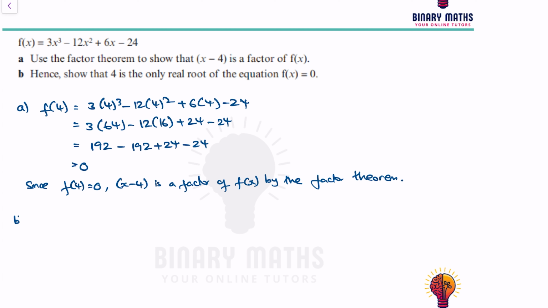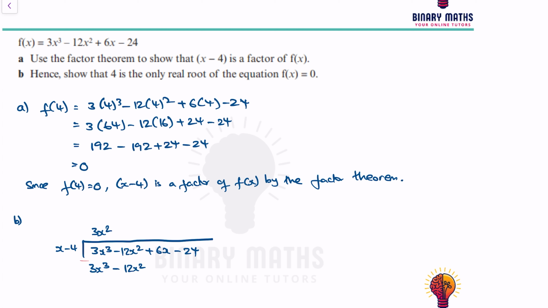So let's do a polynomial division now. So x minus 4 divided into 3x cubed minus 12x squared plus 6x, take away 24. So it must be a 3x squared here. So I get 3x cubed minus 12x squared.